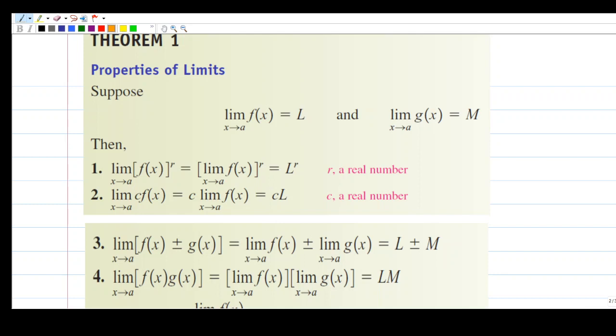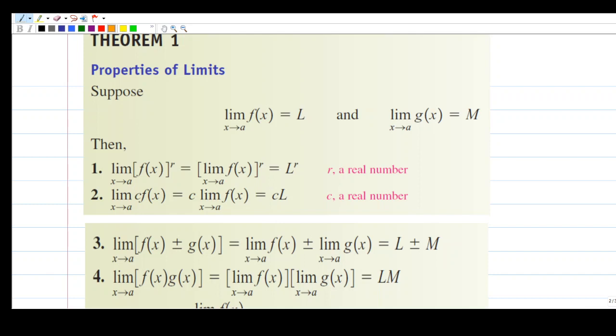Then the limit as x approaches a of some function f of x raised to r is the same as the limit as x approaches a of that function f of x, but all raised to r. So you can take the limit inside before you raise the function to r. So this is equal to L raised to r, where r is a real number.